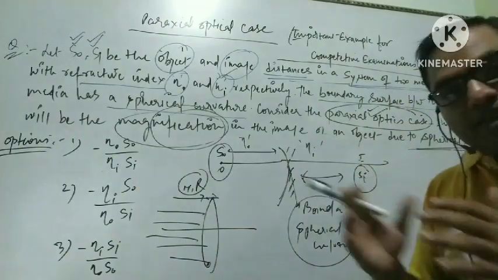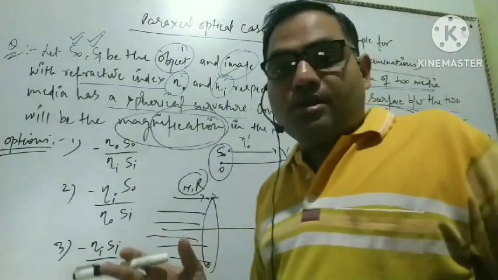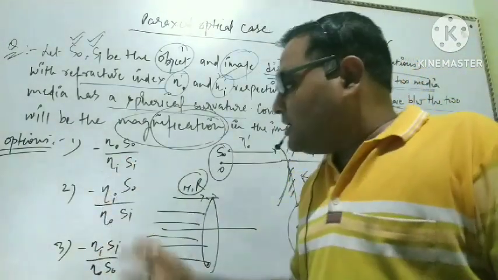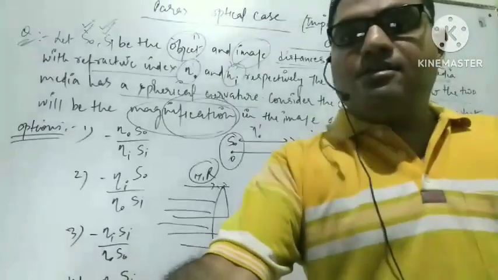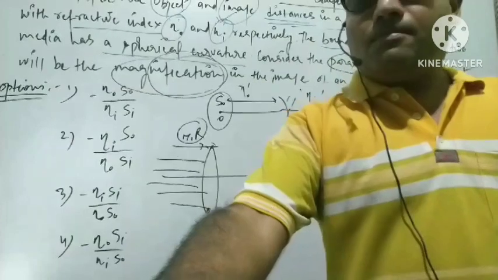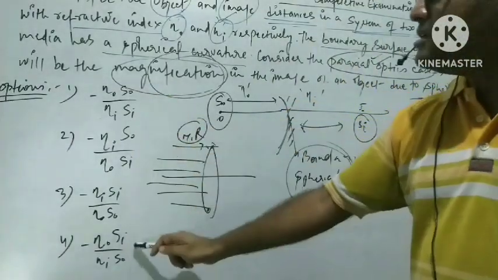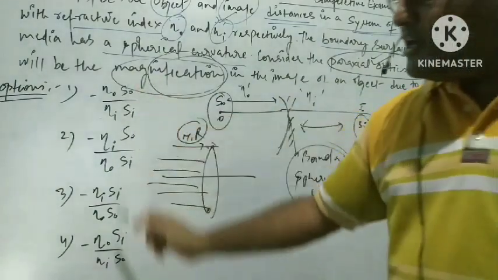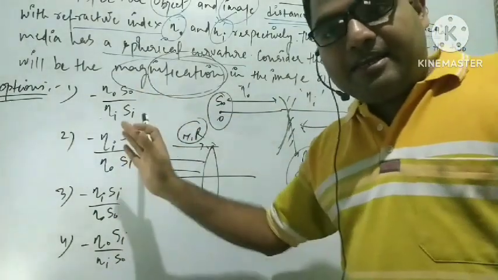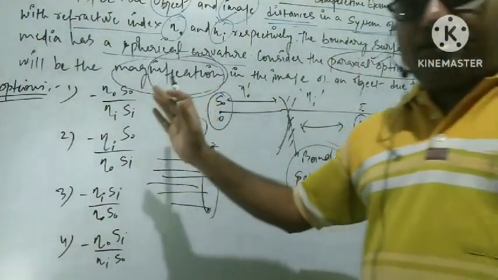Now, in the next part, we are going to see how we can solve this. These are the options given regarding the magnification, for the magnification in the image of an object due to a spherical surface. These options look very similar, very congruent.